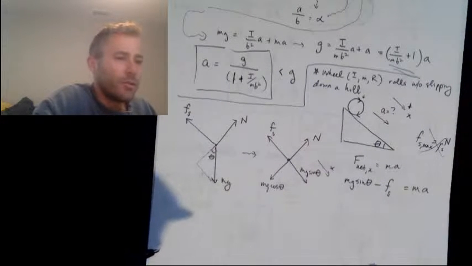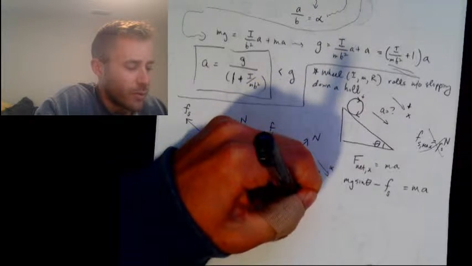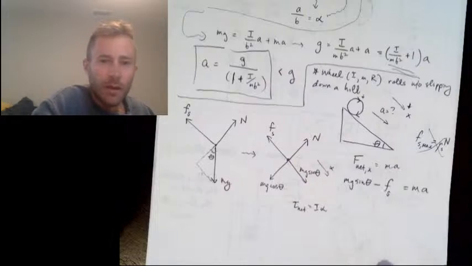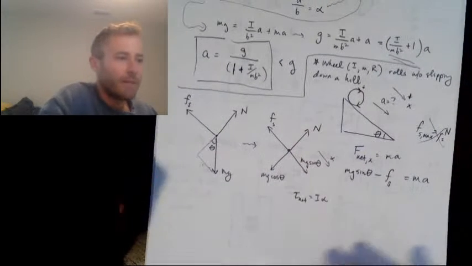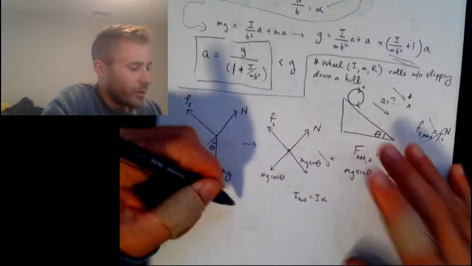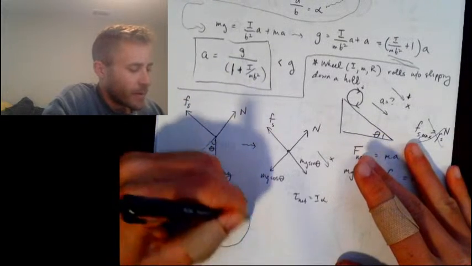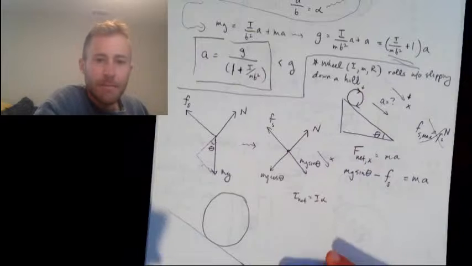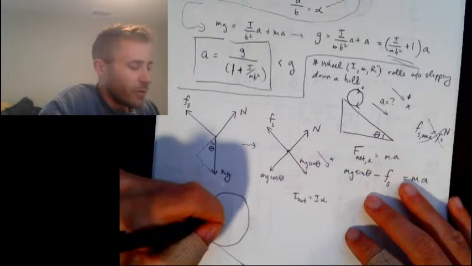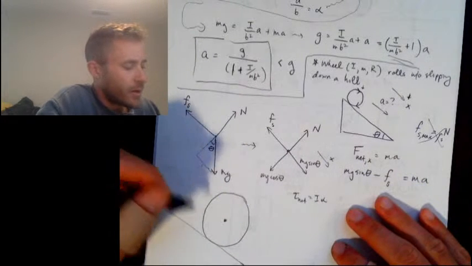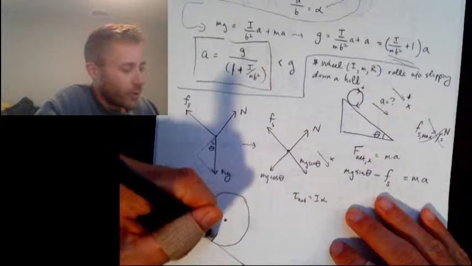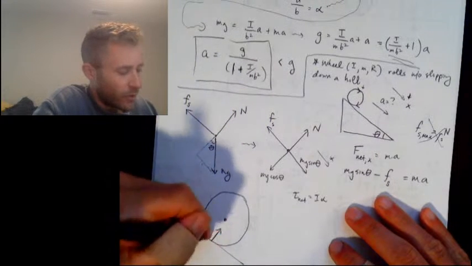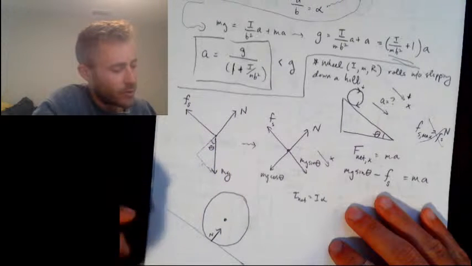Now we need to apply the rotational form of Newton's second law. To understand that, I'm going to draw the wheel a little bit bigger over here. If we think about the forces on the wheel, we've got the normal force, which acts towards the center of the wheel, perpendicular to this surface here.